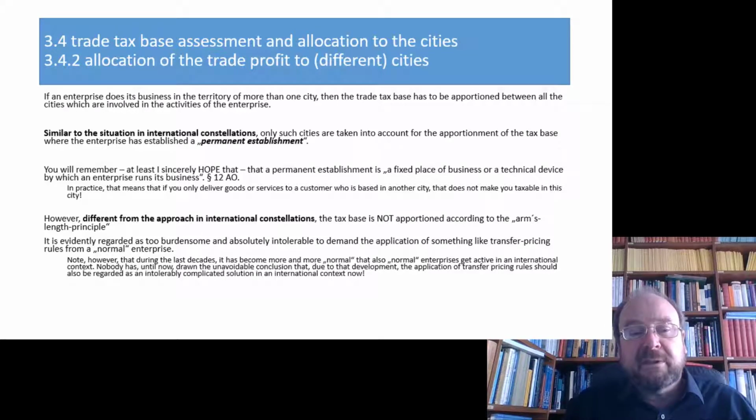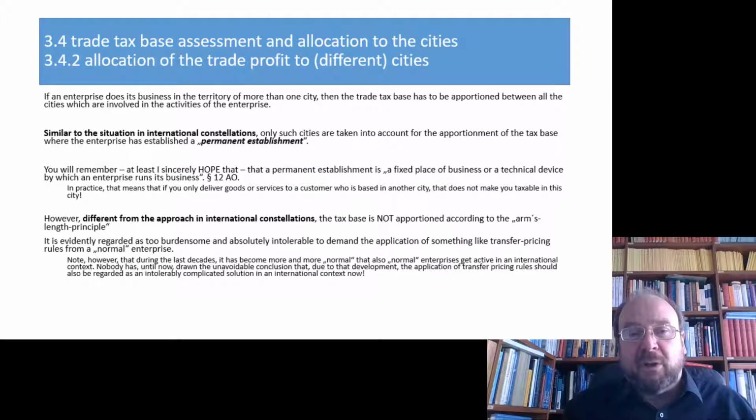wake up a bit and notice that during the last decades, it has become usual that enterprises play in the worldwide market or in the global market, or at least in the European Union's market. There, we still have the application of transfer pricing rules as an obligation.